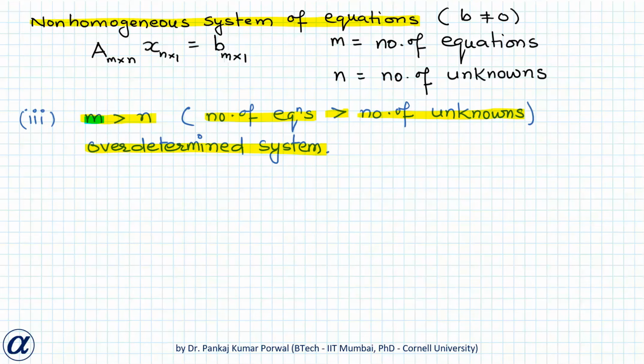But if the number of linearly independent equations is greater than the number of unknowns, then such a system will be inconsistent, meaning there will be no solution. And if the number of linearly independent equations is less than or equal to the number of unknowns, then the system will be consistent.